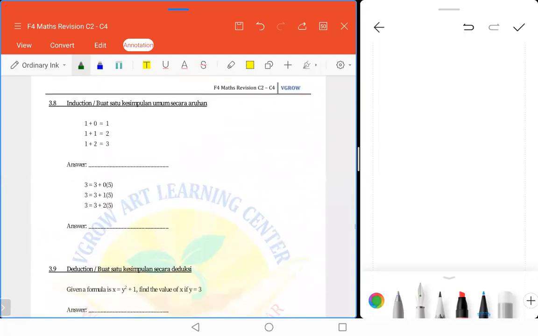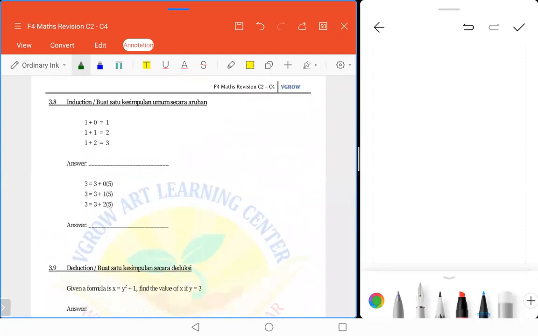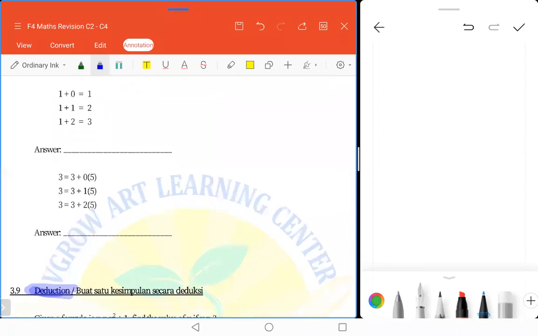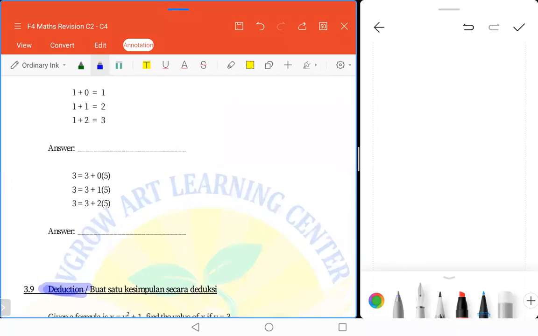Then we'll move on to the last two parts: induction and deduction. Simple only, you just look at the questions. If they give you the answer, what does it mean? You have 1 plus 0 equal to 1, 1 plus 1 equal to 2, 1 plus 2 equal to 3.